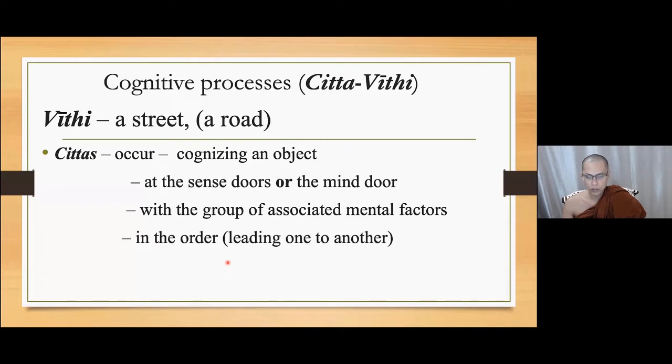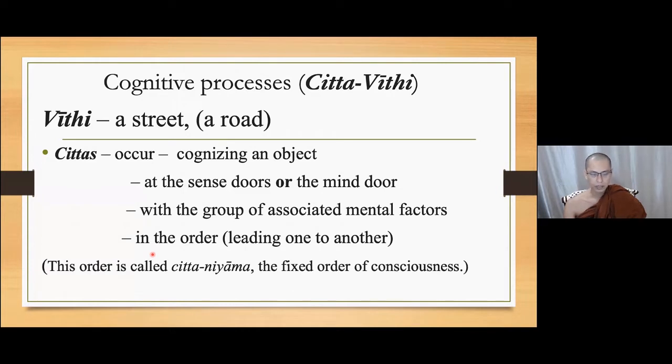So they are arising in a very systematic order. This is called Citta Niyama, the order of consciousness. Nobody is arranging, nobody is managing that. That is due to the law of consciousness, Citta Niyama.